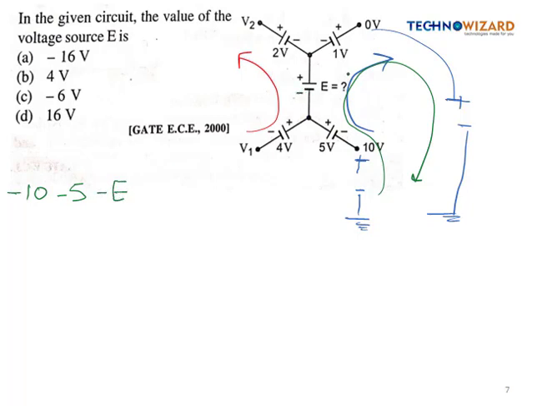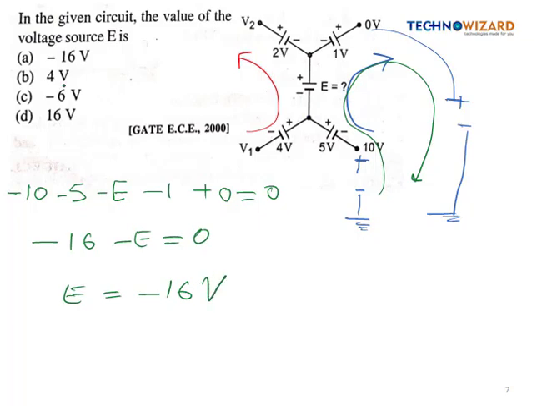Next is minus 1, right. Next is 0, so it will be plus 0 is equal to 0. So minus 16 minus E is equal to 0. So the value of E is coming as minus 16 volt. So for this question option A is right.